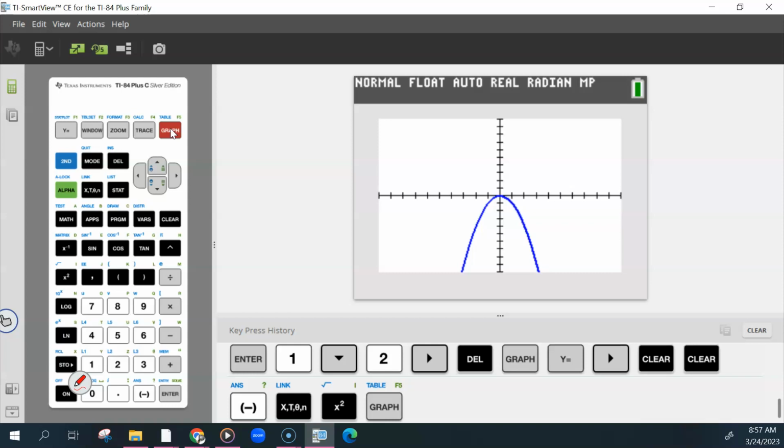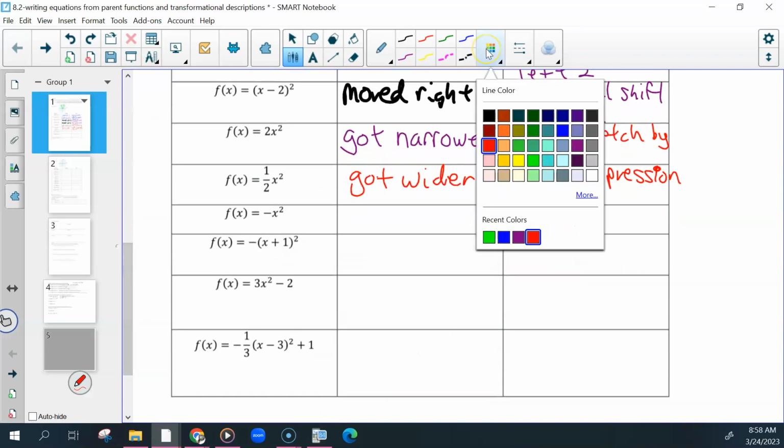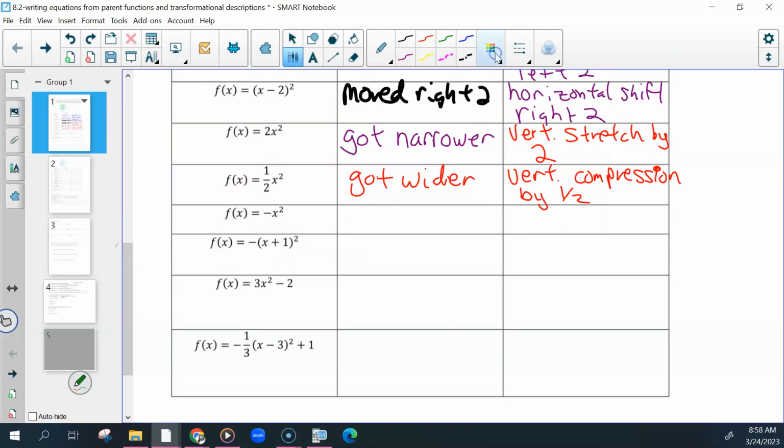Yeah, like it flipped upside down. So that would be a vertical reflection.